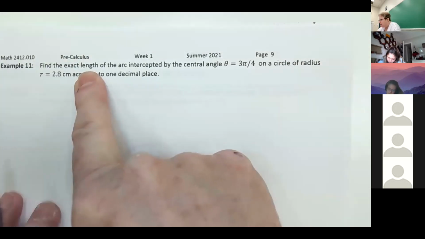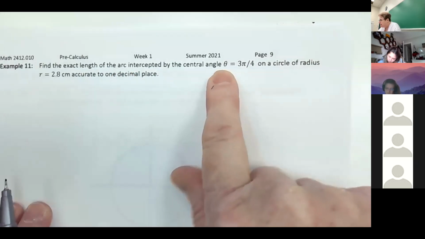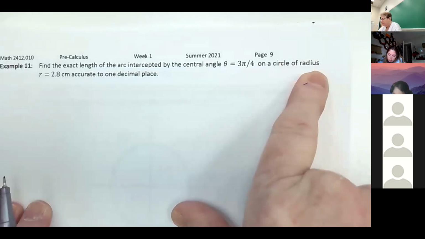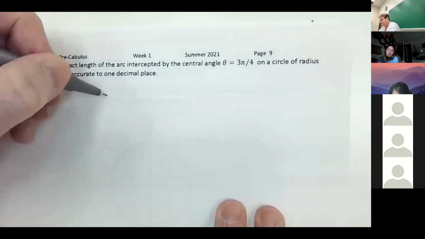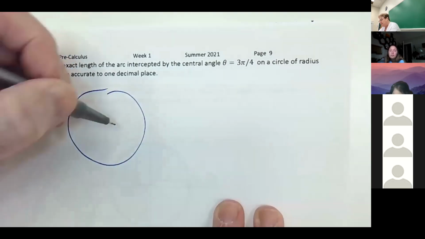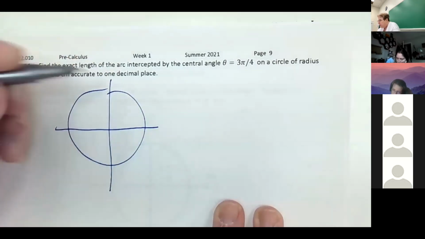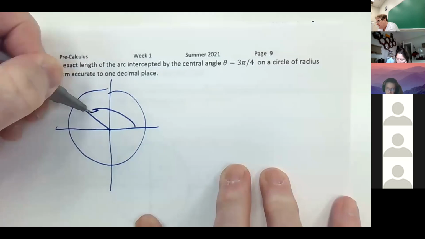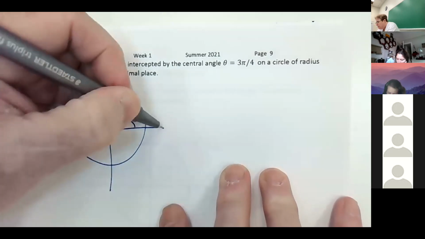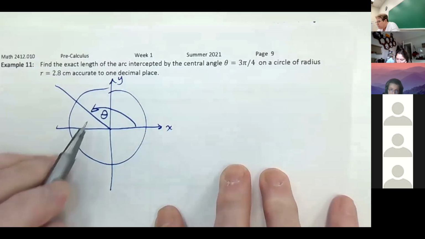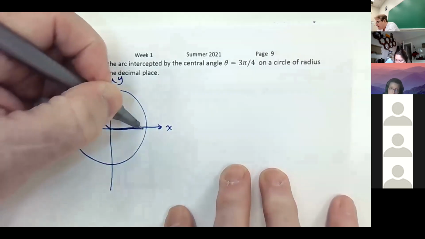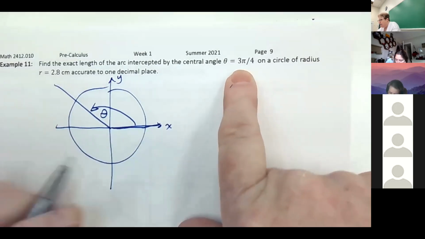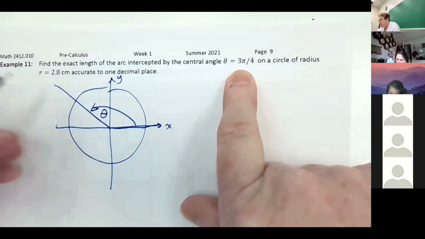Find the exact length of an arc intercepted by a central angle theta equal to 3 pi over 4 on a circle of radius 2.8 centimeters. So theta goes from the positive x-axis, and we don't have to worry about how I know that it's in the second quadrant yet, but it is in the second quadrant.